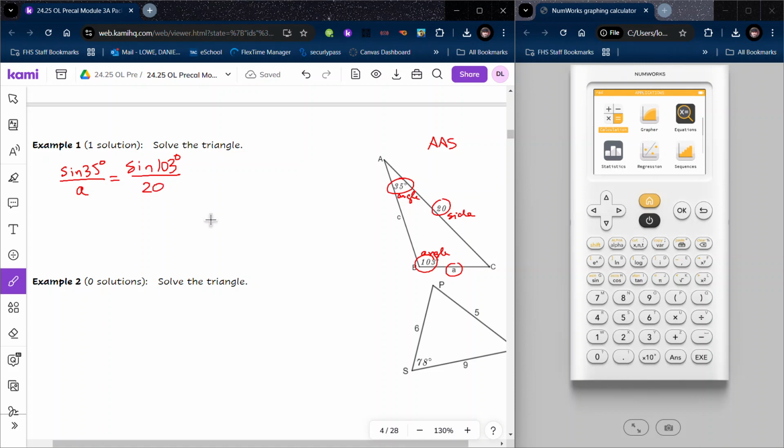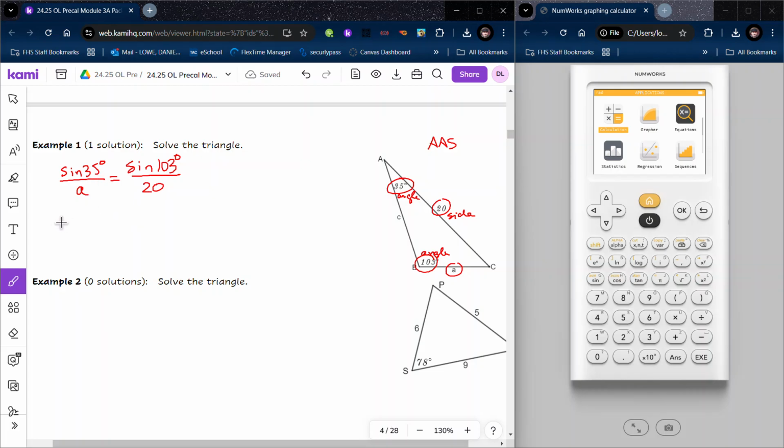Now, for a lot of students, if I'm trying to find a side length, it's easier to do so by flipping your ratio.